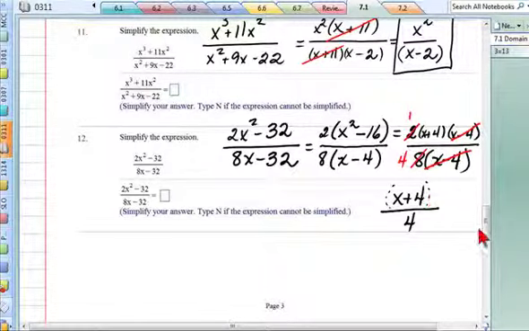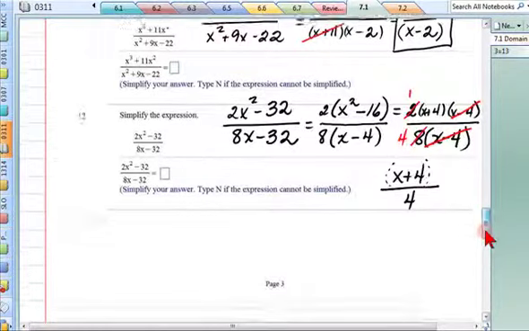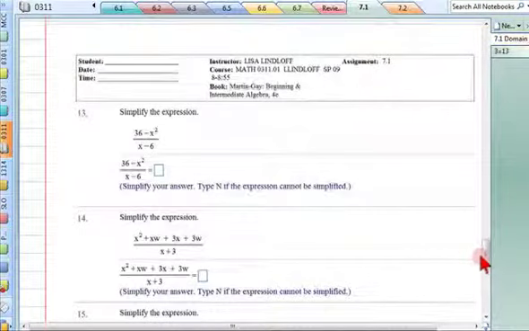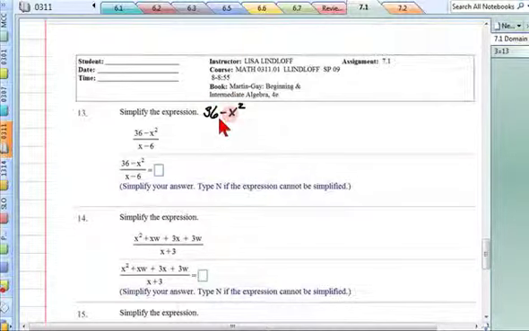All right, let's look at 13. There are quite a few of these, but we need to practice a lot. Okay, 13. The numerator is 36 minus x squared over x minus 6.